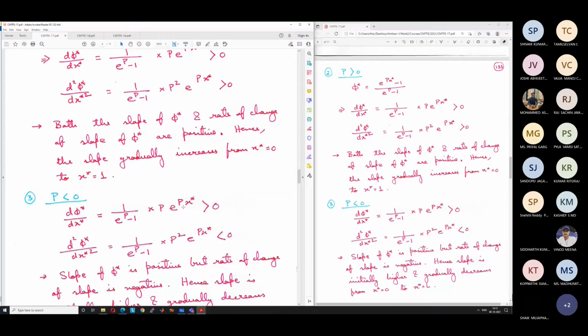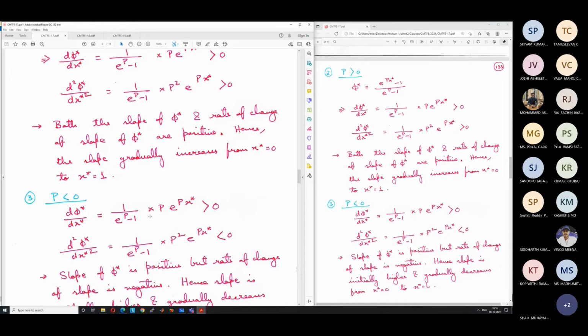So if p is less than 0, what is the value of e to the power p minus 1? E to the power p will be less than 1. E to the power 0 is 1. E to the power something negative is less than 1. So less than 1 minus 1 means this entire term is negative.